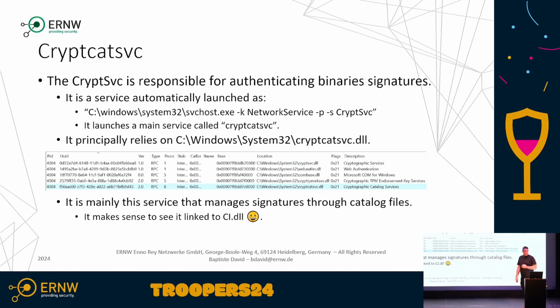This service, when we reverse it, is quite simple in a way. It's literally there to manage catalog files. You remember the catalog files where all the signatures of all binaries in Windows or drivers are present, so that we know which one is signed and how it's signed. So that service is literally responsible for checking the whole chain of certificates when a binary is signed on Windows.